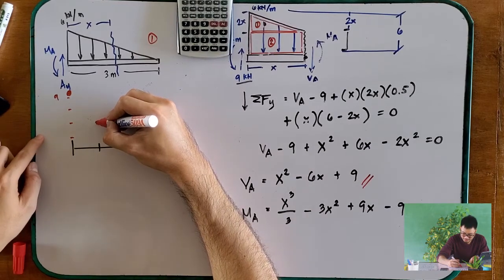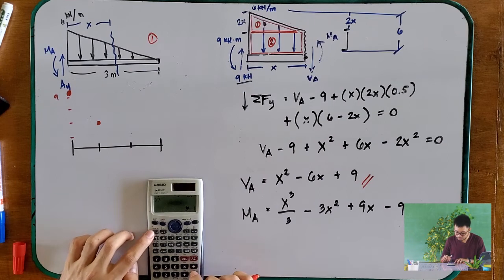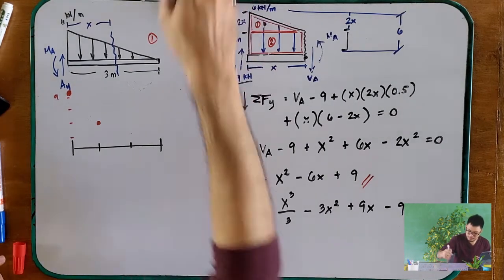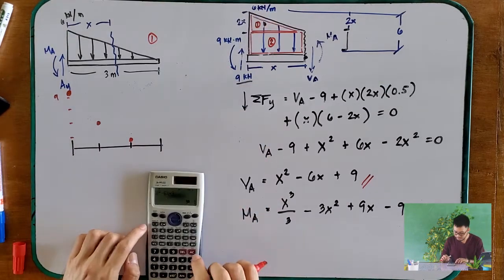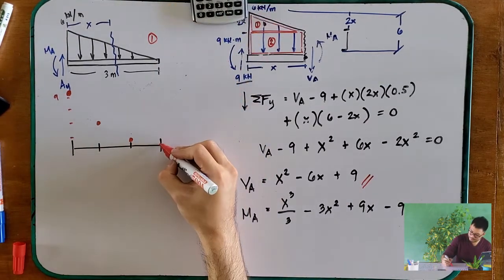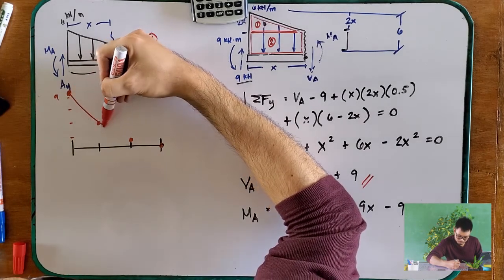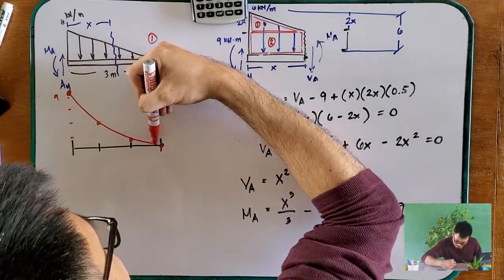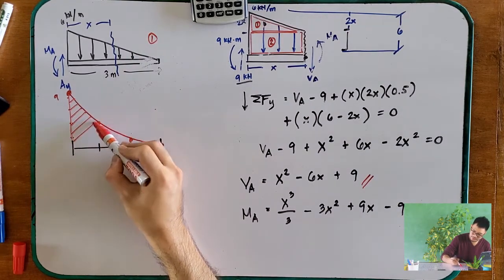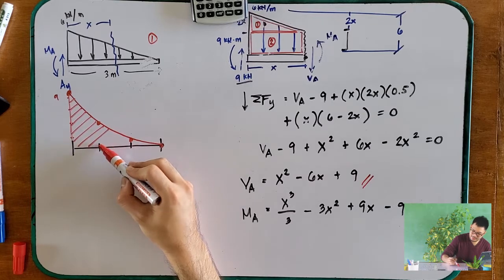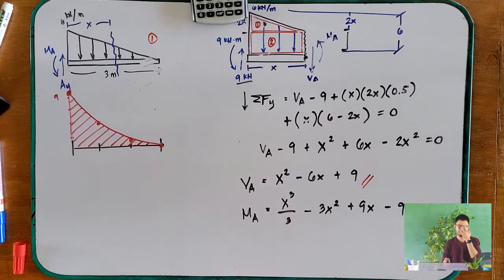So this is your 4. How about if 2? 1. How about if 3? That is 0. The shear just decreases. So this is your shear diagram. And take note, this one is a curve. This one is a parabolic curve.